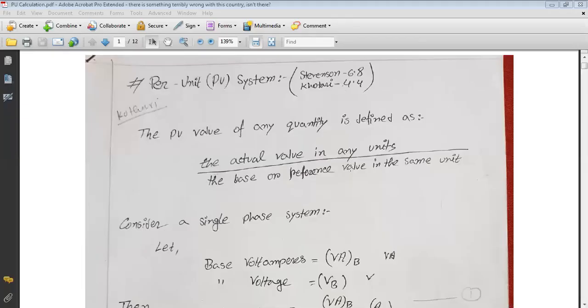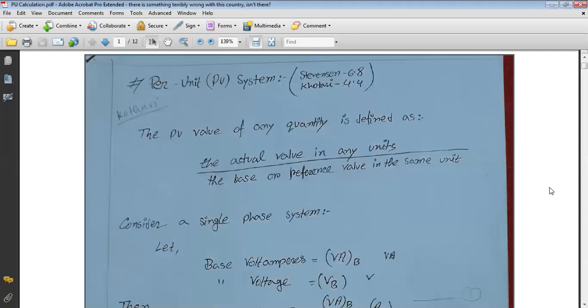So if we want to state the definition of per unit, then the definition of per unit is the actual value in any unit divided by the base or reference value in the same unit. So this is the definition of per unit actually.